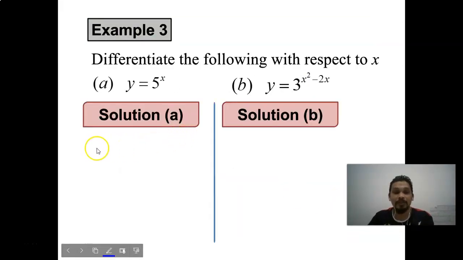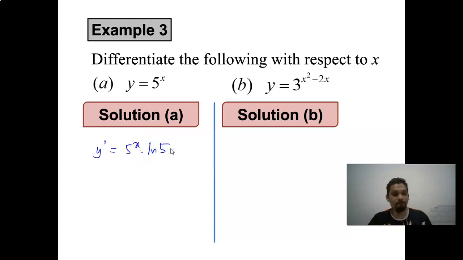Okay, so now what about this one here? y equals 5 to the power of x, so then y prime equals 5 to the power of x natural log of 5.